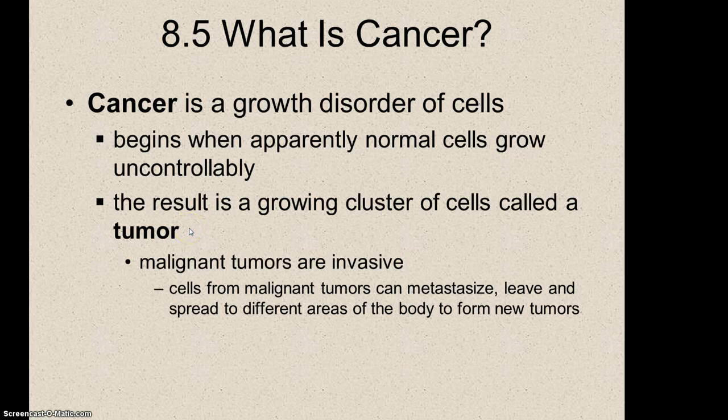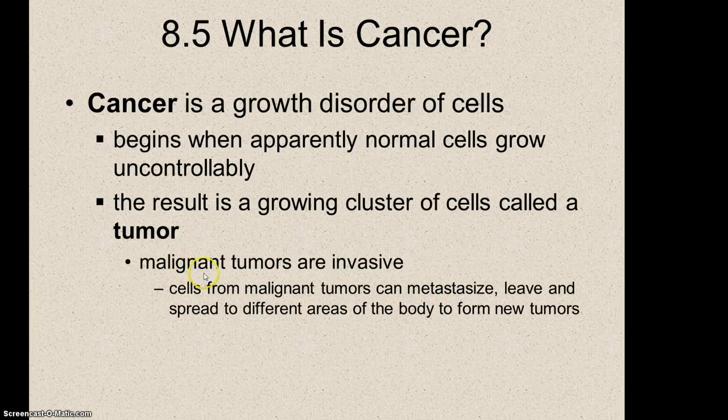Sometimes those tumors are invasive, and we call that malignancy. If it's benign, it just grows in a mass in one place, and sometimes we remove it, sometimes we don't have to. But if it's malignant, then it's invading tissue and disrupting the normal function of that tissue.